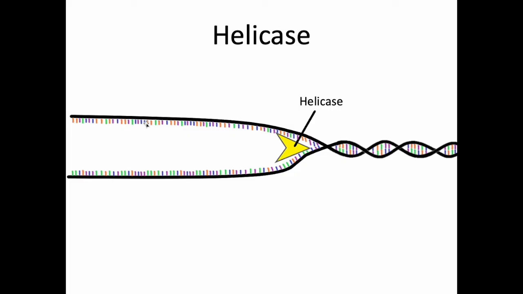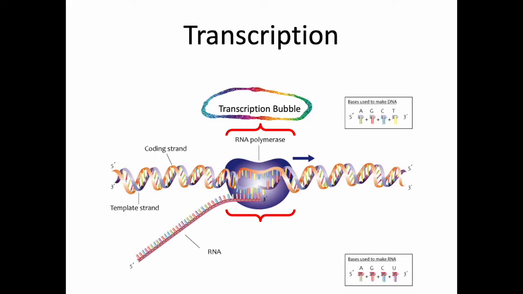The difference is we are not going to be transcribing the entire chromosome. So we do not need to unzip the entire chromosome like we did with DNA replication. Some unzipping needs to occur, but not this sort of large-scale thing. The unzipping is going to happen in what is called a transcription bubble.